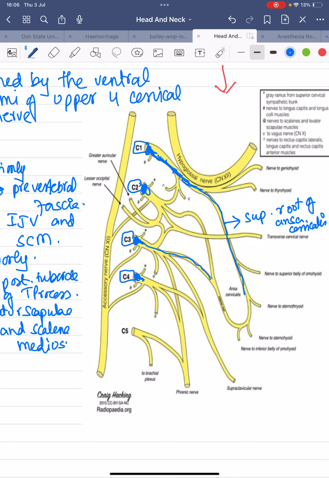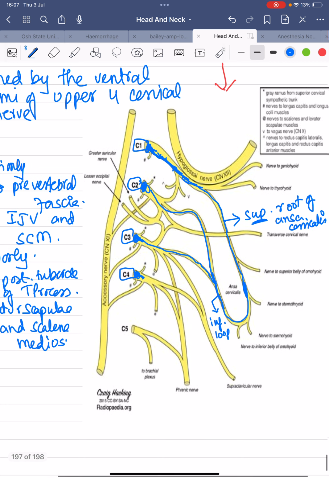So C2 and C3 join together and form the inferior root, or inferior loop, of the ansa cervicalis, like this. So the ansa cervicalis superior root is formed by the C1 nerve fibers, and C2, C3 join together, forming the inferior loop of the ansa cervicalis.